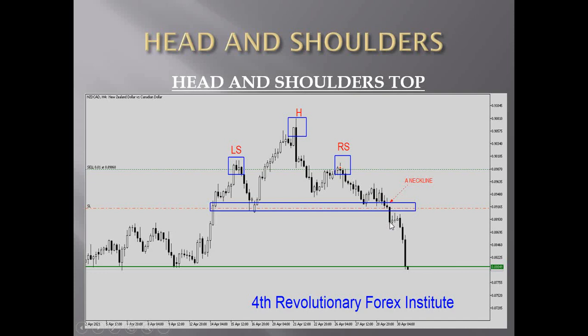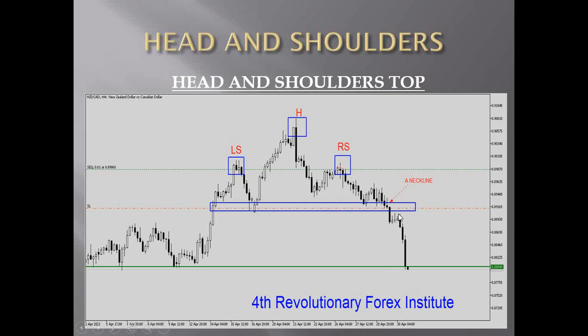So once the market breaks the neckline, as you can see here, some people execute a trade immediately after the breakout, or some people wait for the pullback. The same thing applies as I indicated when I was discussing the double pattern: you need to wait for the pullback.